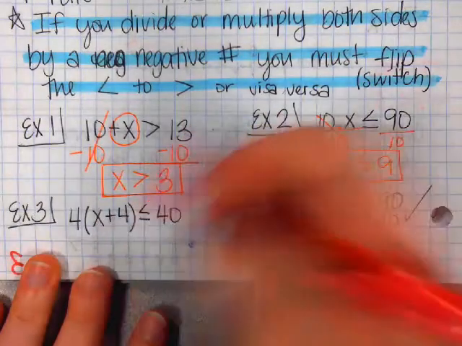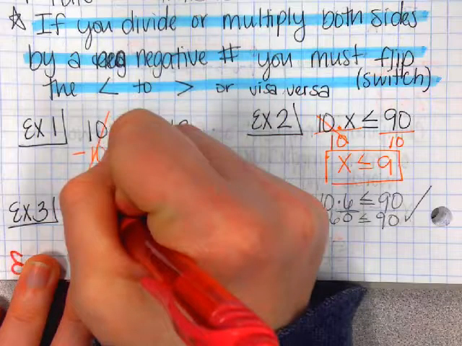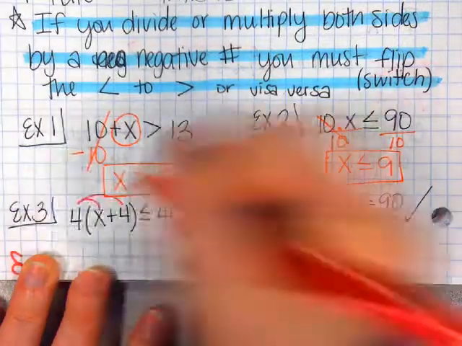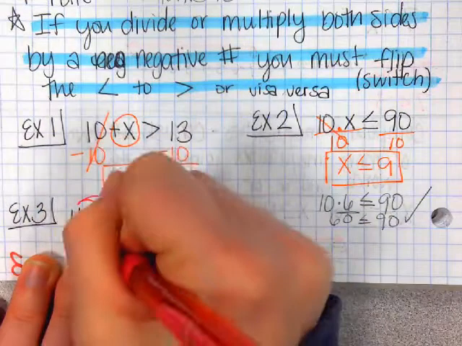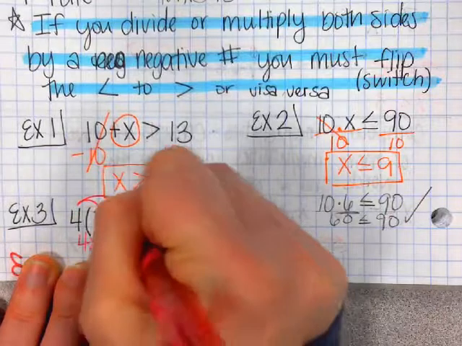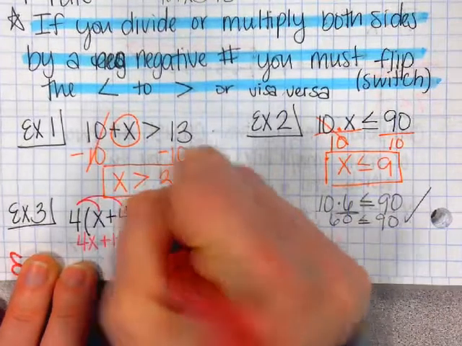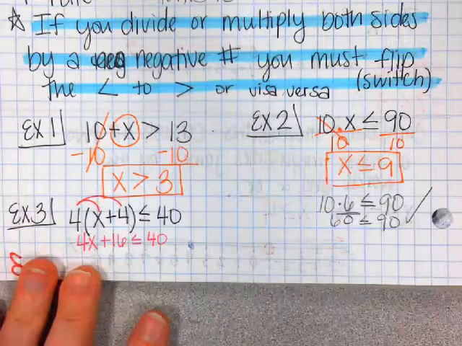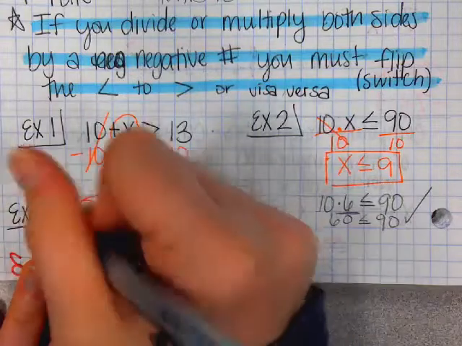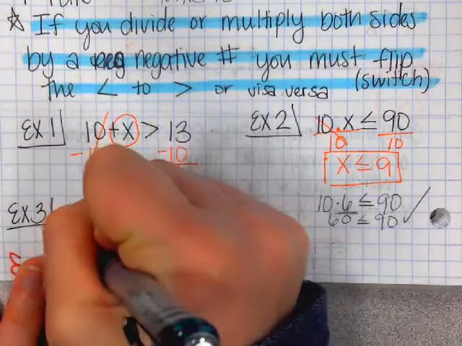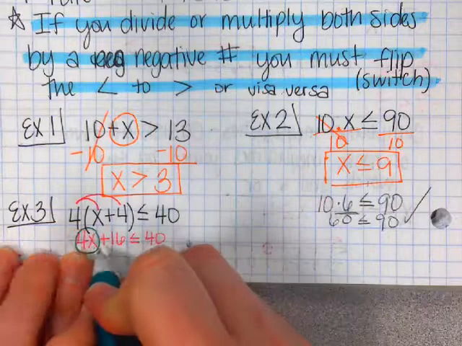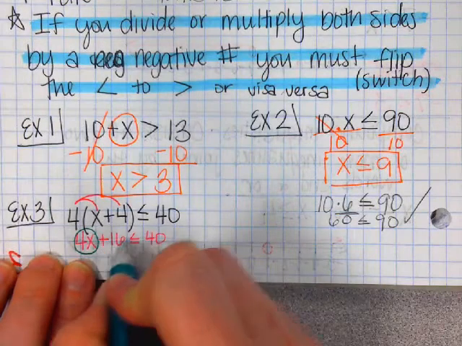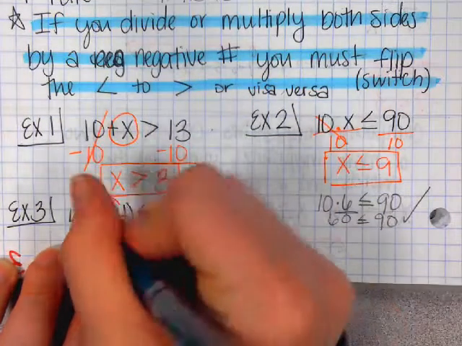So remember these parentheses right here, you always have to distribute first. So it'd be 4 times x, which is 4x, and 4 times 4 is 16, less than or equal to 40. Circle the variable. I need to isolate this, so the first thing I need to do is find the inverse operation of adding 16.